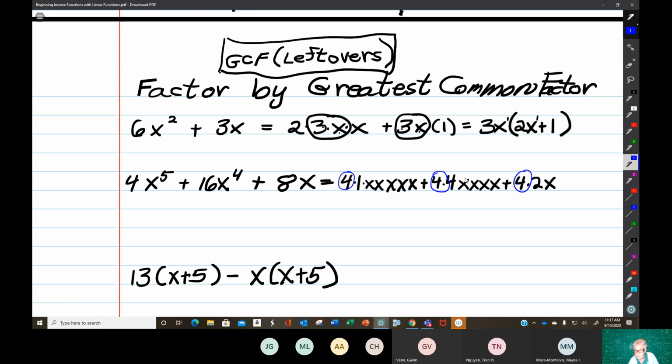Yes, I can. I didn't really need that one at all, so I'm going to erase it. There. Okay, so each of these terms contains a 4x. 4x is my GCF, greatest common factor.